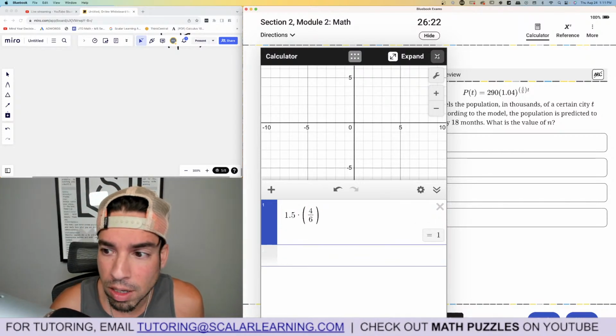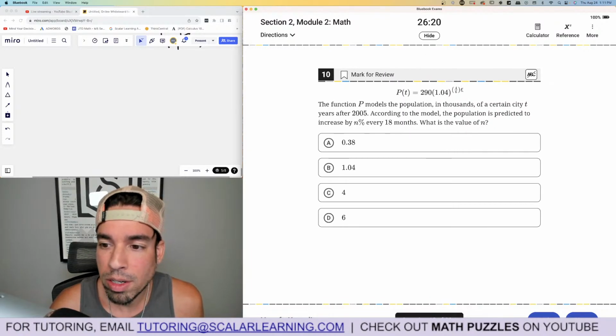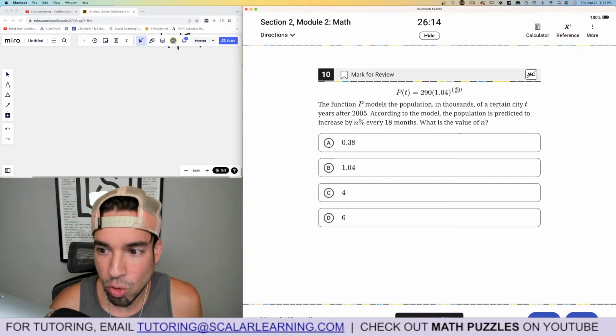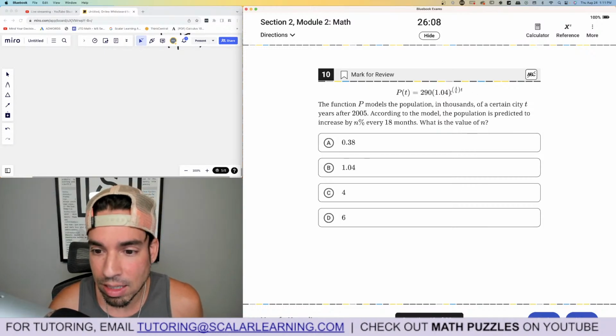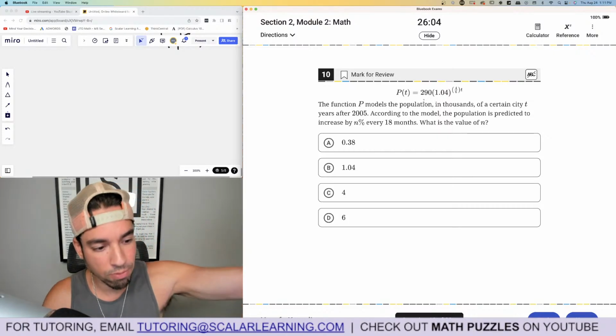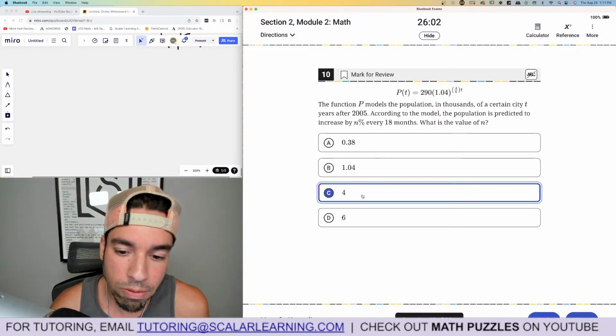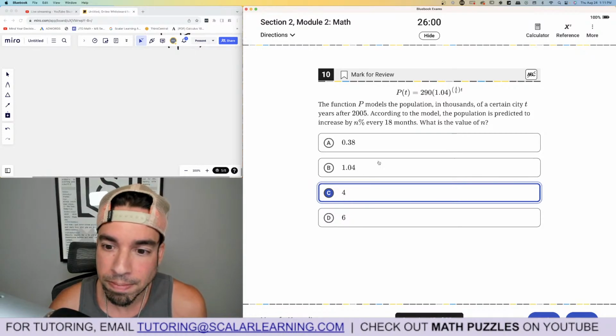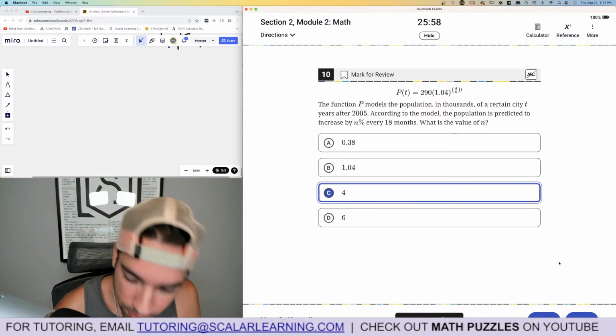Because 4/6 is 2/3 times 3/2, that cancels out to 1, and that is 18 months. And then you're multiplying it by 1.04, which is a 4% increase. So 4 is the answer. Let me just double check. Yeah, I think that's good.